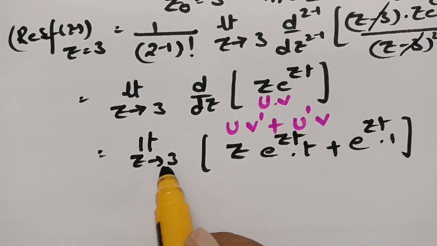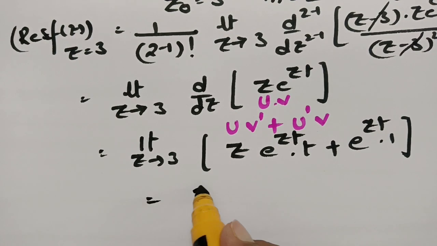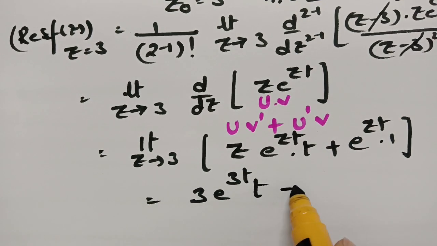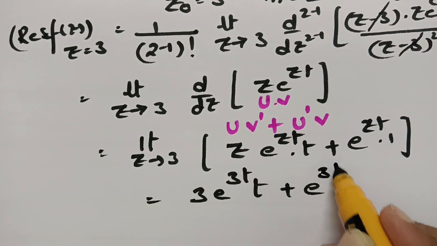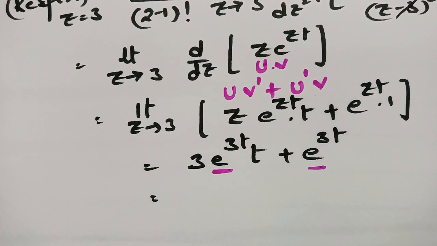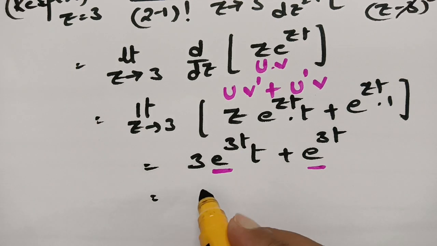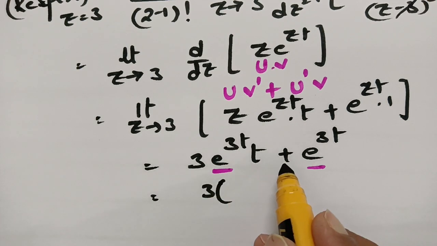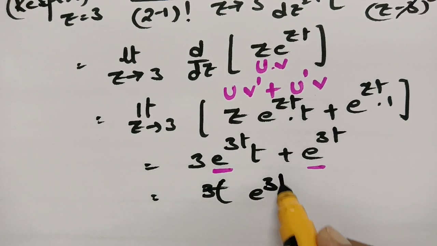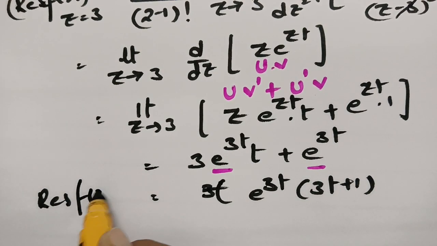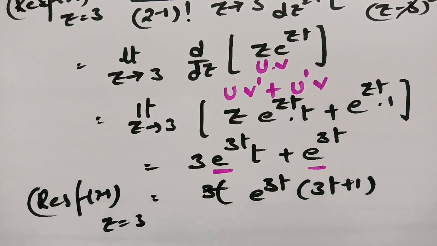Now we substitute z = 3, so we get 3t e^(3t) + e^(3t). Taking e^(3t) common, this will be e^(3t)(3t+1). So this is the residue value of the function f(z) at z = 3.